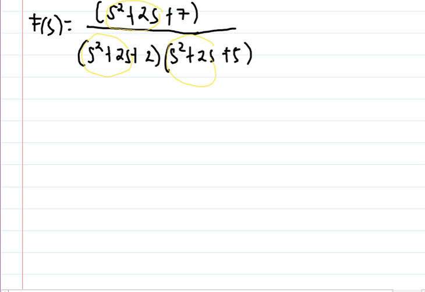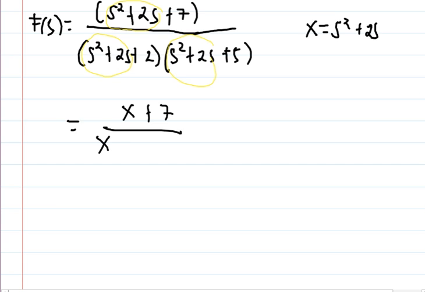I could simplify the circuit by the equation I mean by letting x is equal to s squared plus 2s. Okay, so kung himuon ko siya nga x na lang, so I could simplify this one. Ang mabilin, we have x plus 7 is equal to, so I have x plus 2 na lang, and then I have x plus 5.